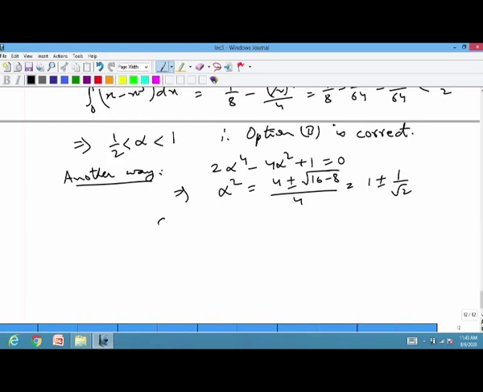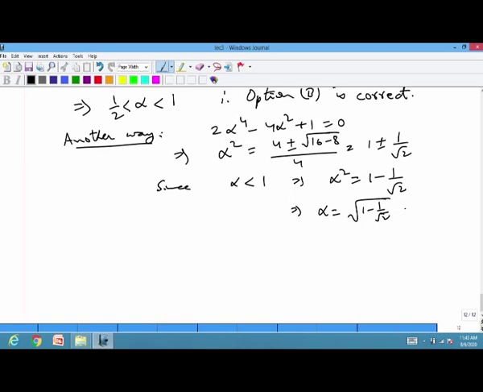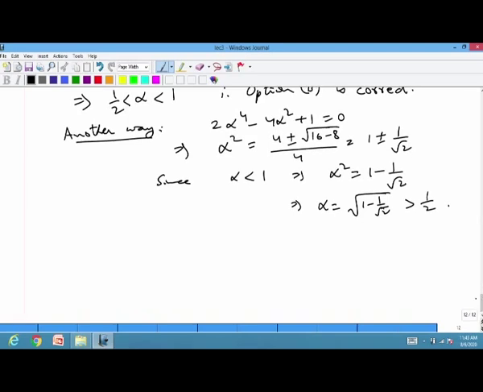Now, since alpha has to be less than 1, we have alpha square equal to 1 minus 1 by root 2, and this will imply alpha is square root of 1 minus 1 by root 2, and you can see that this is bigger than half. But we did not have to actually calculate this value of alpha.